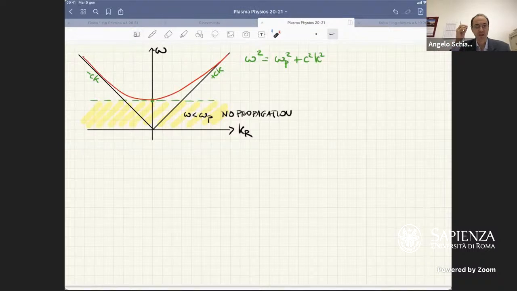And for very short wavelengths, the propagation of the electromagnetic waves is becoming asymptotically as in a vacuum. What does this mean? It means that when we go to very high frequency, so short wavelengths, going from, let's say, optical radiation to X-ray radiation or gamma radiation, we notice that the plasma becomes, in a certain sense, transparent.